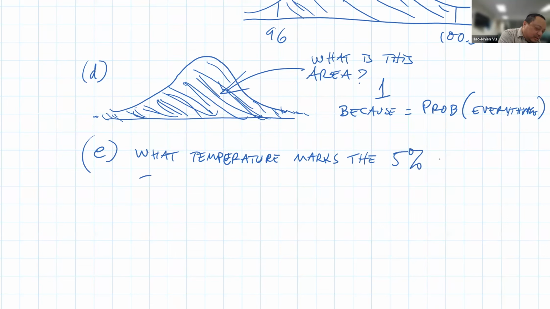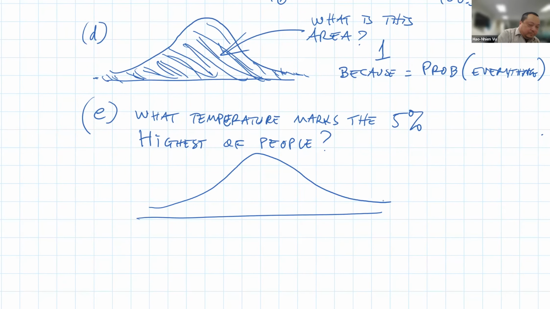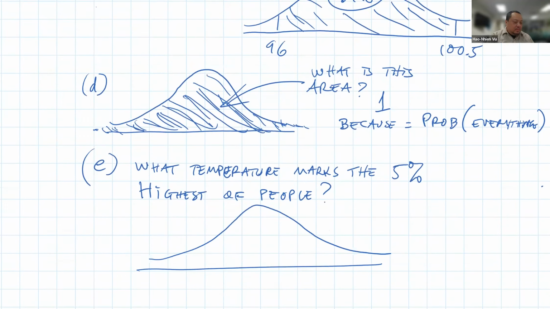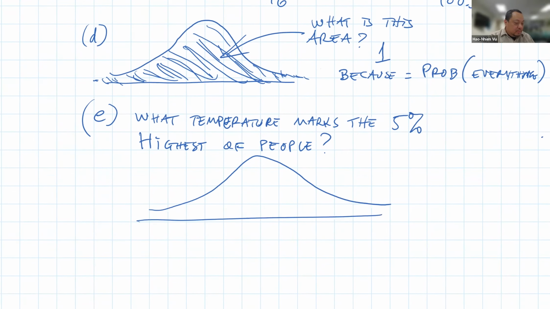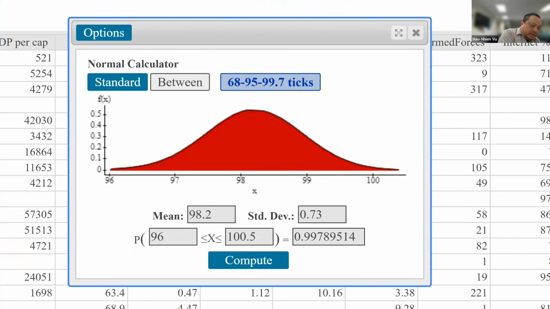The 5% of people, highest of people. Now let's draw the graph first, before we mark the temperature and we calculate the area, right? Well, this one is asking for what temperature? And where's the temperature? The temperature is like here along the x-axis, right?